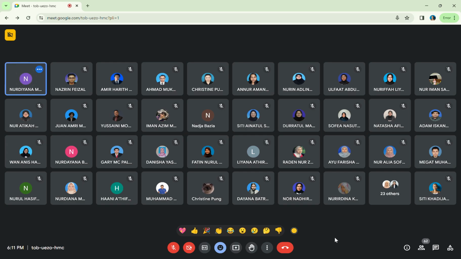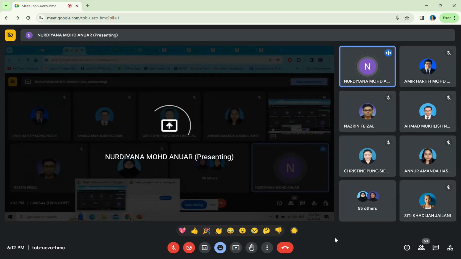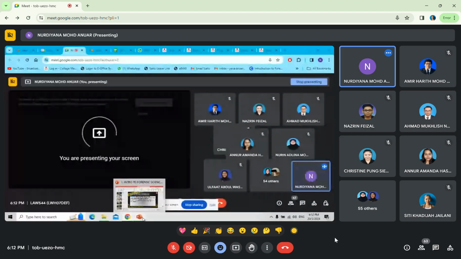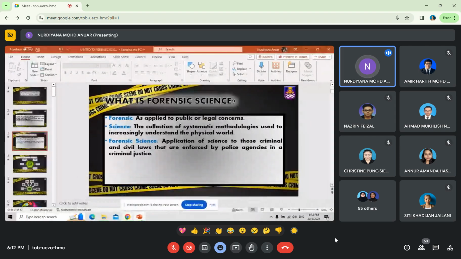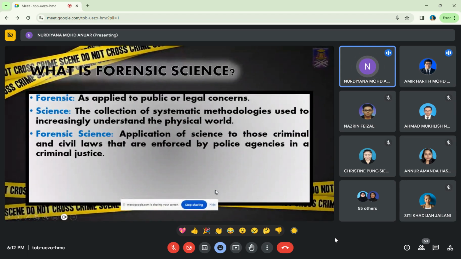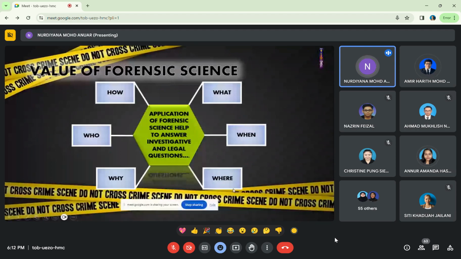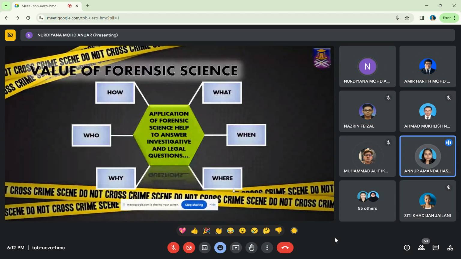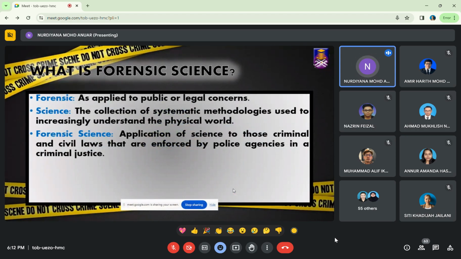If I just use entire screen, is it okay? Can you see my PowerPoint now? Yes, we can see. Is it moving? Yes, it's moving. Alright, so basically I need to share the entire screen.